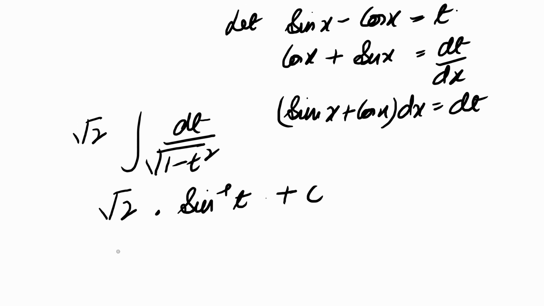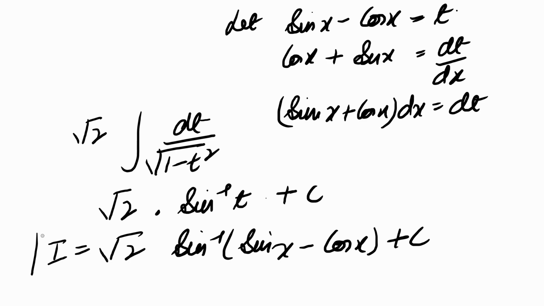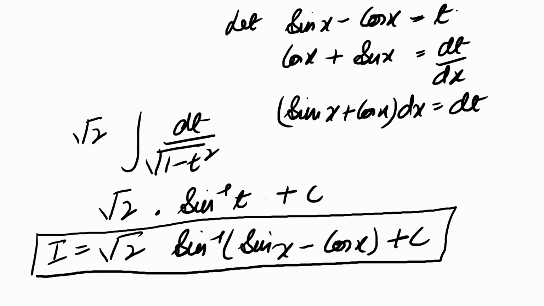T is sin x minus cos x, so we will get root 2 sin inverse of sin x minus cos x plus c. Okay, so I hope you got this question. I is equal to root 2 sin inverse of sin x minus cos x plus c.